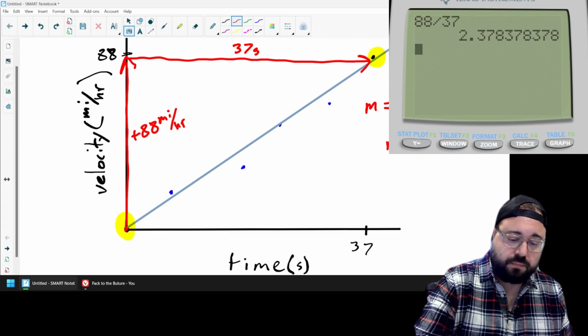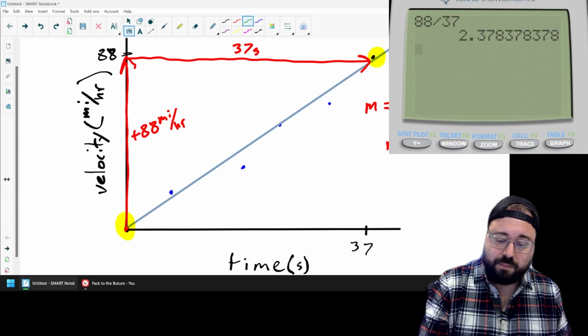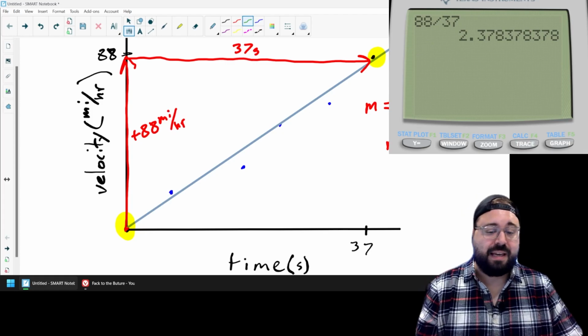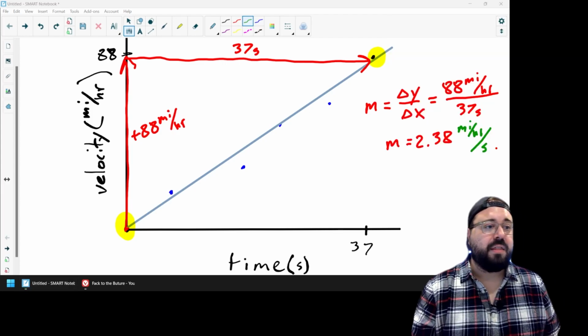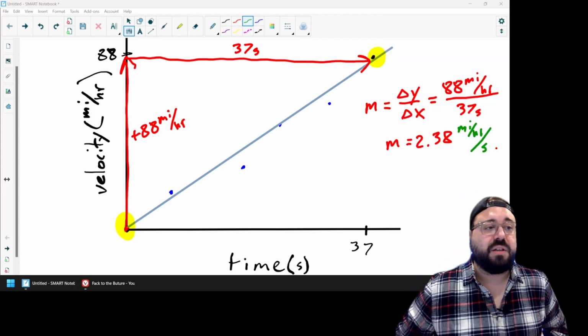Now, let's take a look at the units here. We have miles per hour per second. So this is kind of a weirdly complicated unit. You can't even look at what I wrote. Let me get rid of the calculator. There it is. So we have miles per hour per second as the units of this. So what is this telling us?